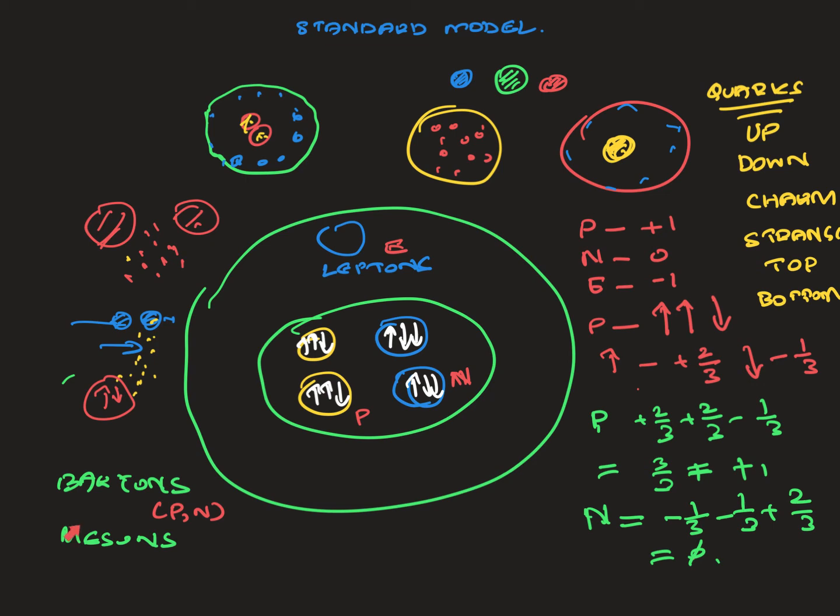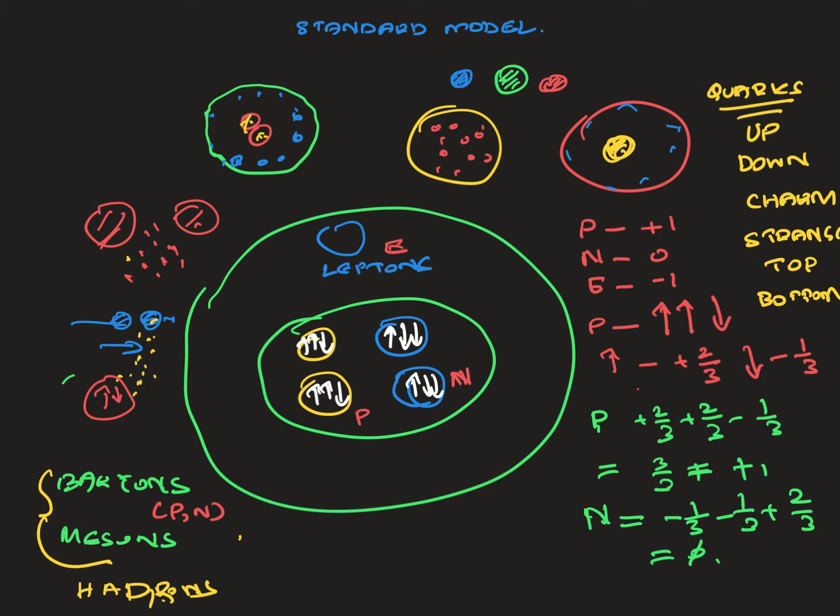The other particles formed by 2 quarks are called mesons. And both baryons and mesons together, we can call them hadrons.